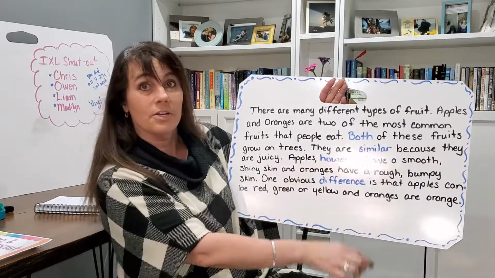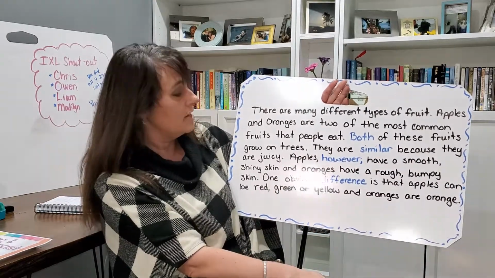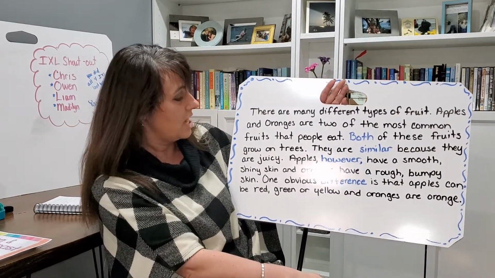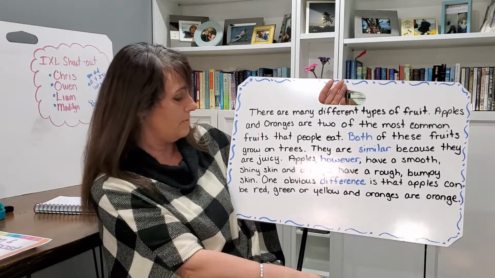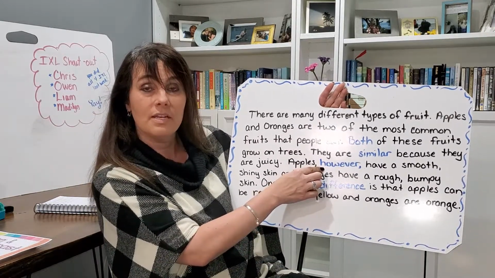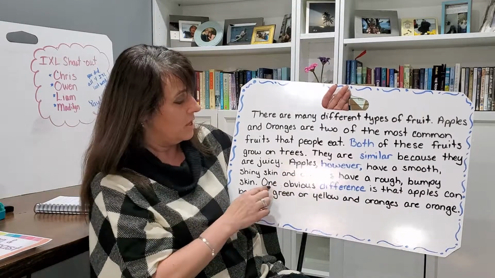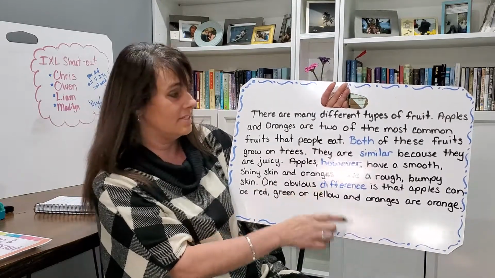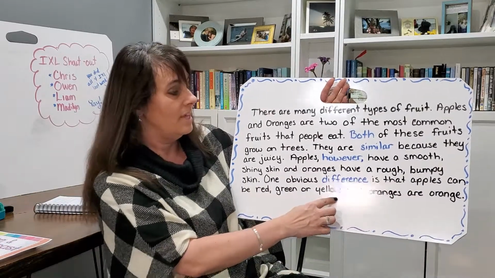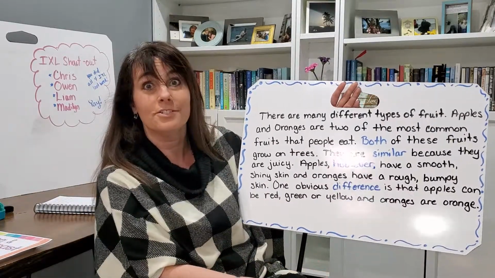They are similar, the same, because they are juicy. Apples, however, have smooth, shiny skin, and oranges have rough, bumpy skin. When you use that word, however, you're talking now about differences. One obvious difference is that apples can be red, green, or yellow, and oranges are orange.